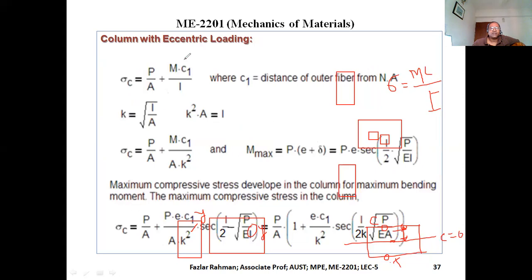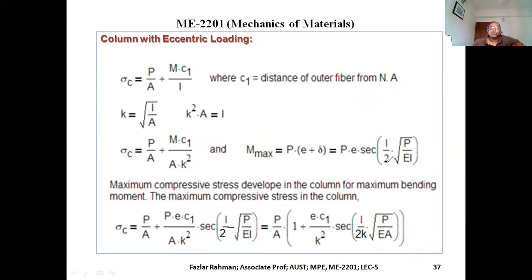I put over here C1. Instead of C1, you can put anything, Y1, okay? And this C1 is the distance from the neutral axis to the outer fiber, okay? Is it clear? Sir, clear. Yes, sir. Okay. Anyone? Any question?